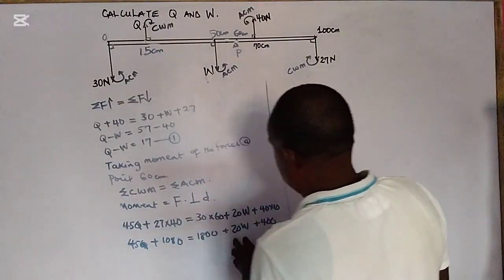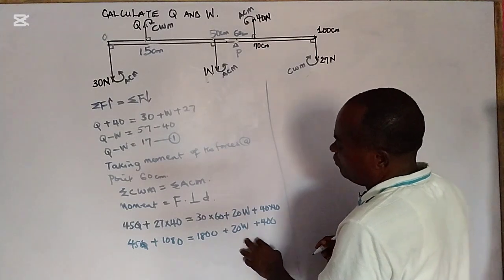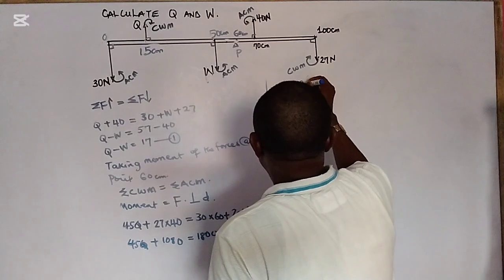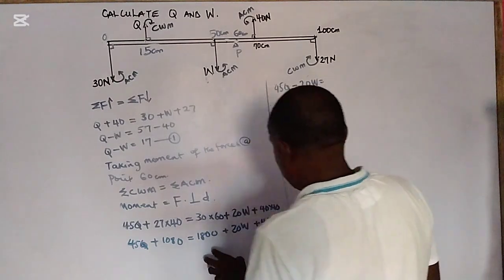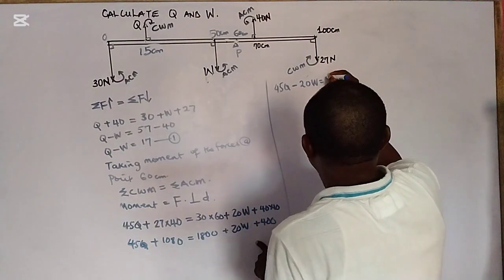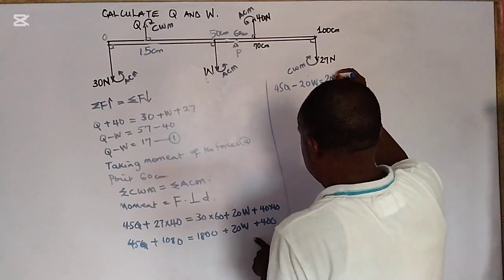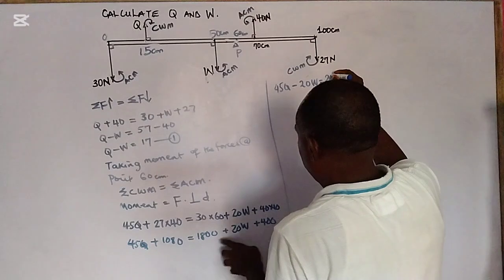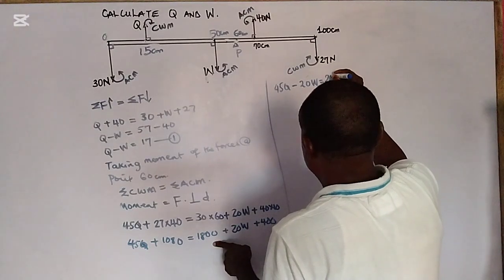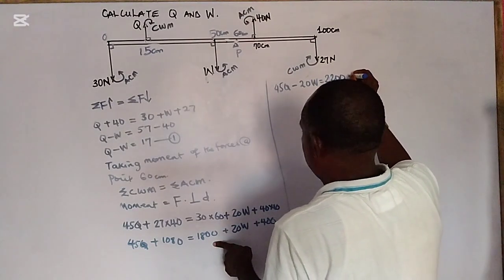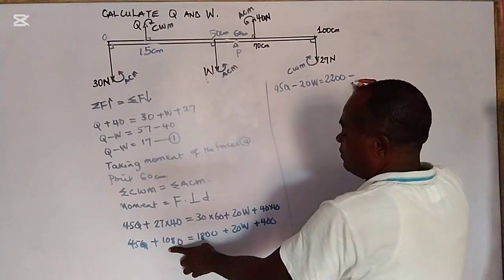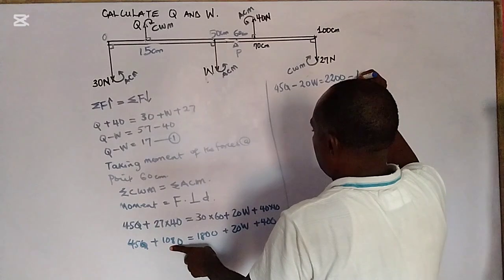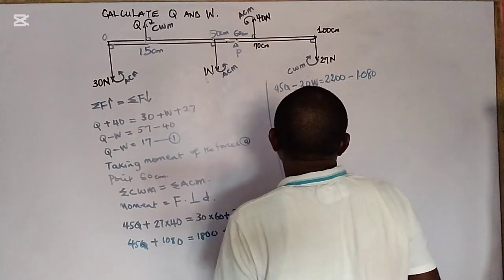So we collect the terms with unknown variables to one side. We're going to have 45Q minus 20W. If you take this one to the other side, we will have 2,000. We add 400 to 1,800, it will be 2,200. You take this one to the other side, it becomes minus, so we have 1080.